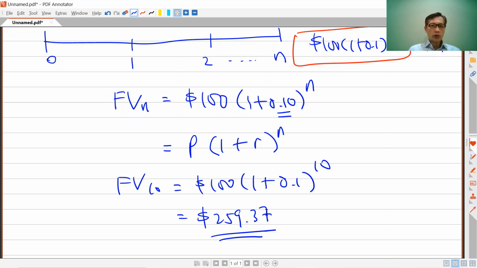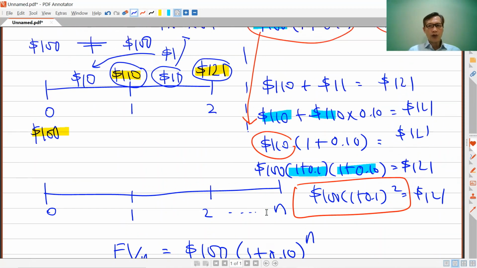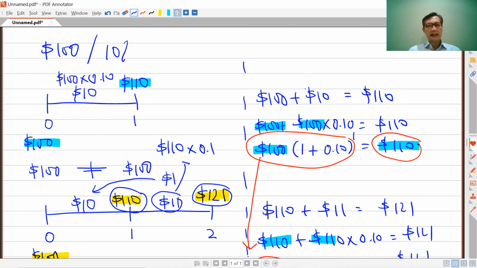So I'm now going to go through with you how to use the calculator here. The first one, let's go through this one here.